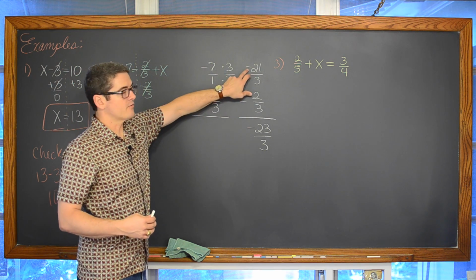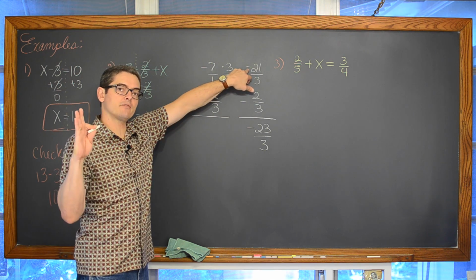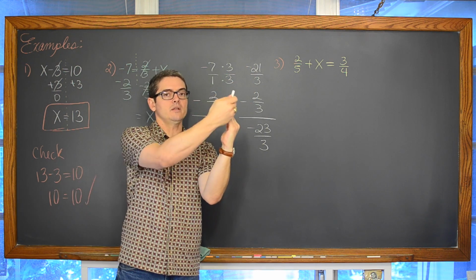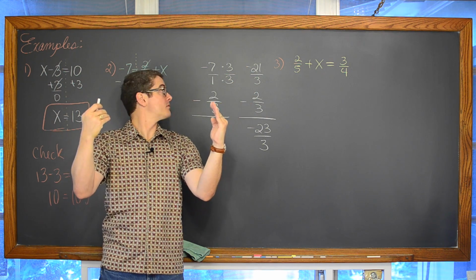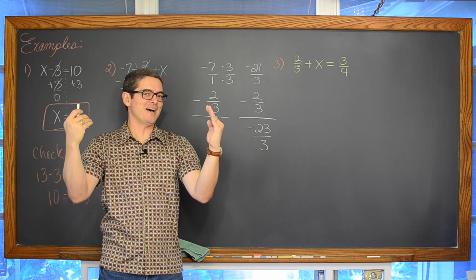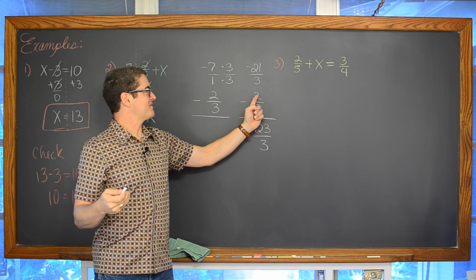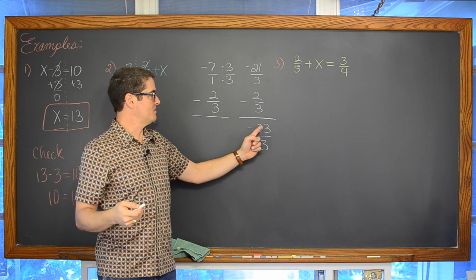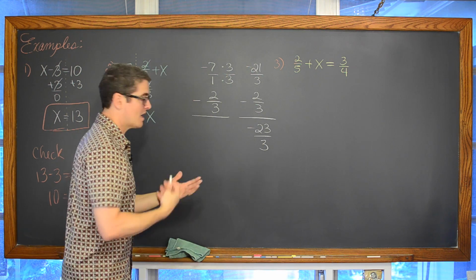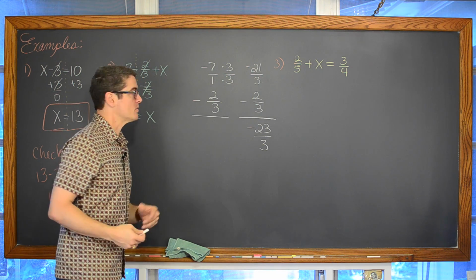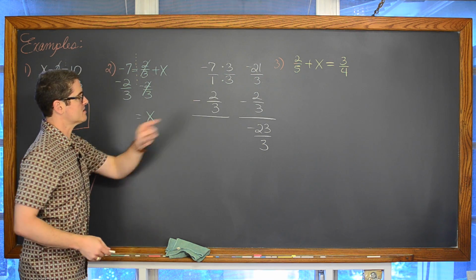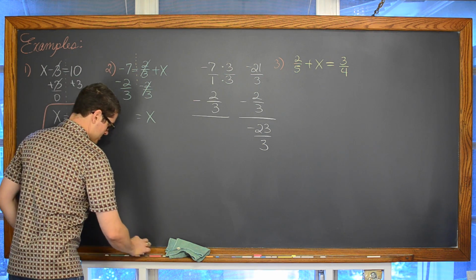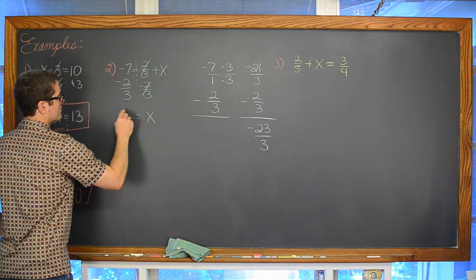You can also, of course, think of negative movements as movement to the left on the number line. So if you're at 0 and you move left 21 units for negative 21, and then another 2 units to the left, you're going to be at negative 23 on the number line. So however you need to think about it, that is the result of doing negative 7 minus 2/3. That does come out to be negative 23 over 3.